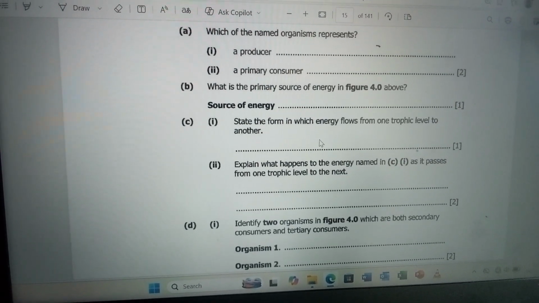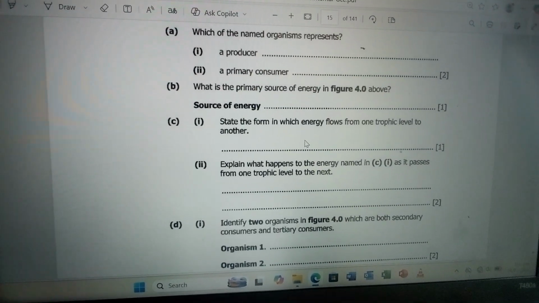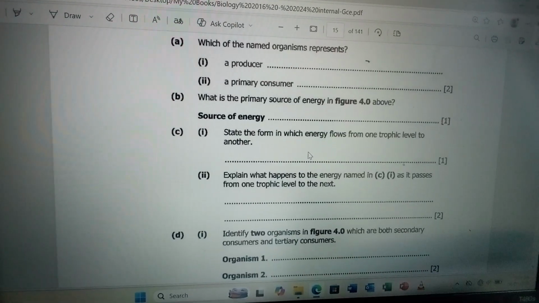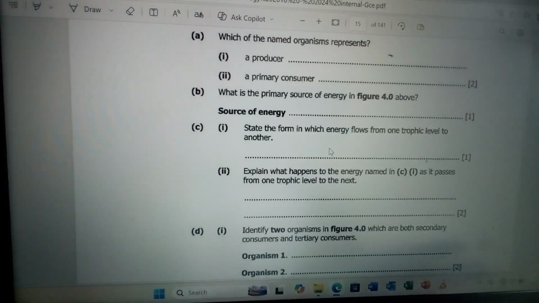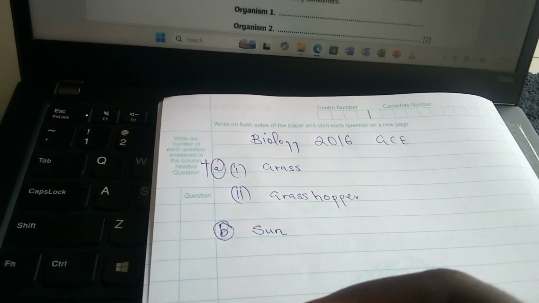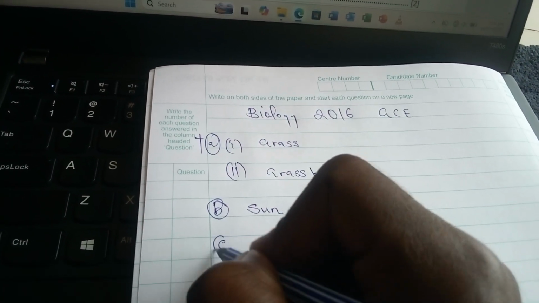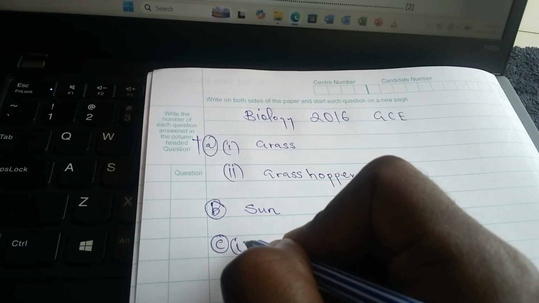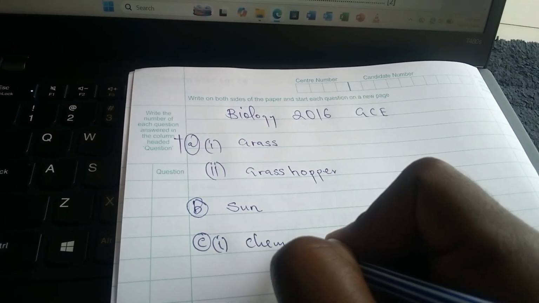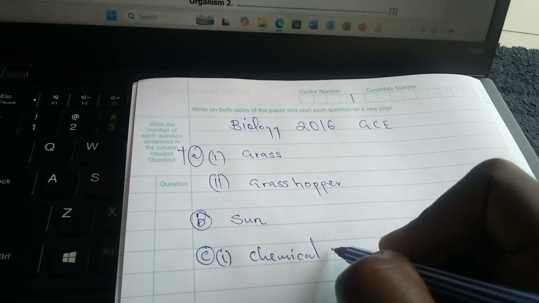To chemical energy that is passed on from one trophic level to another. So the answer, the form of energy, is chemical energy. C1, that is chemical energy.